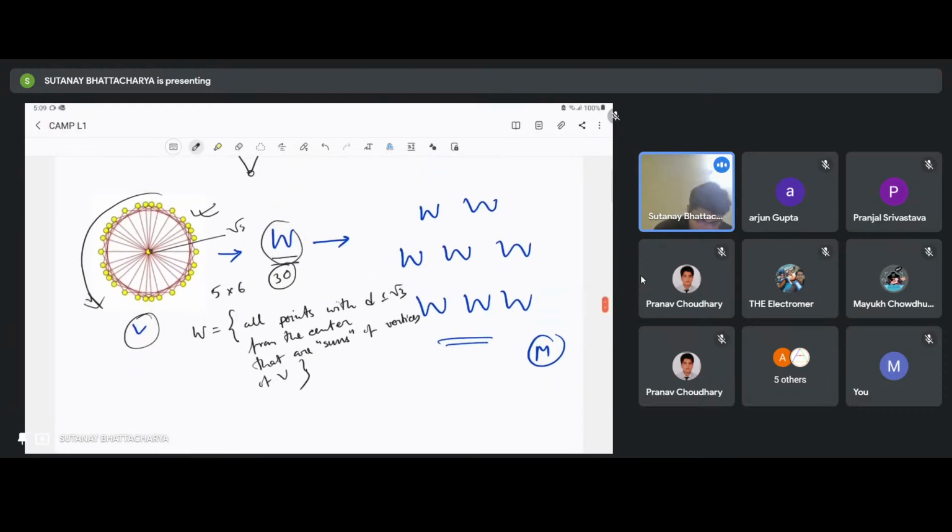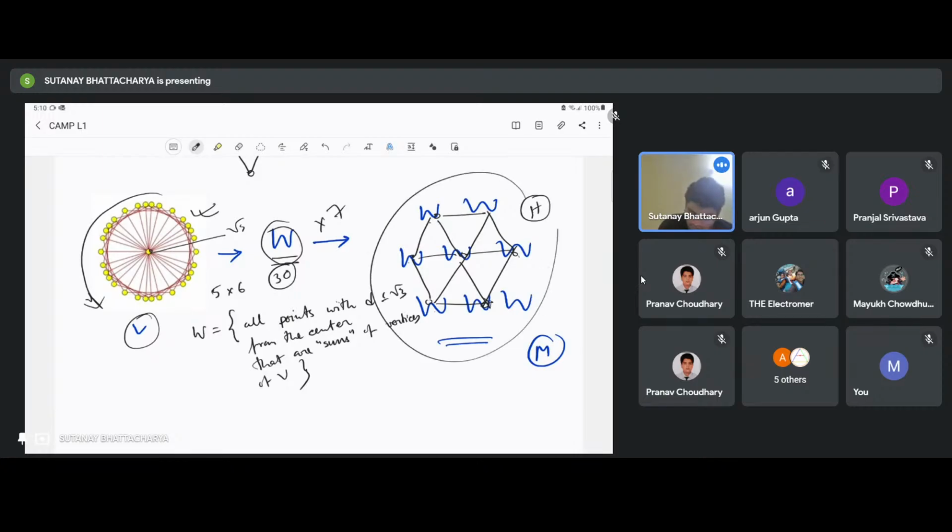And then you take 7 copies of W and put the translates on the 7 vertices of the holy hexagon that we started with, right? So this we'll call M.